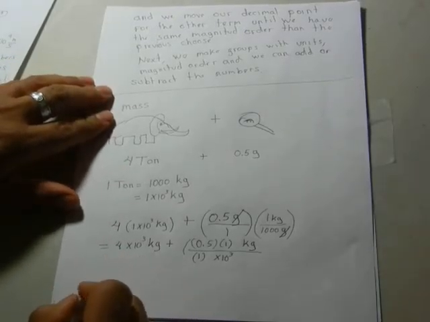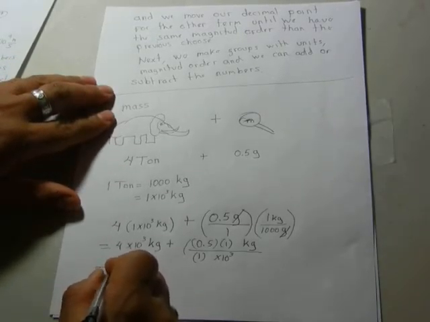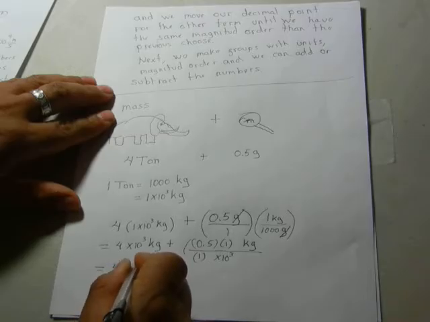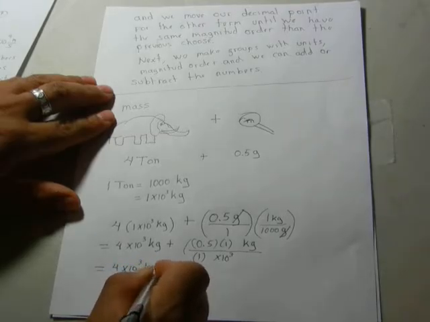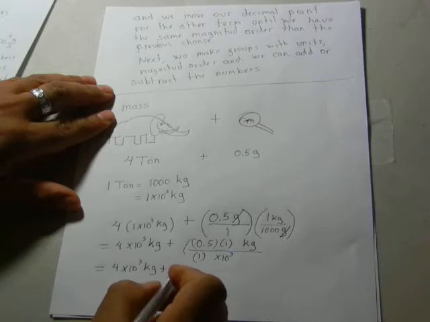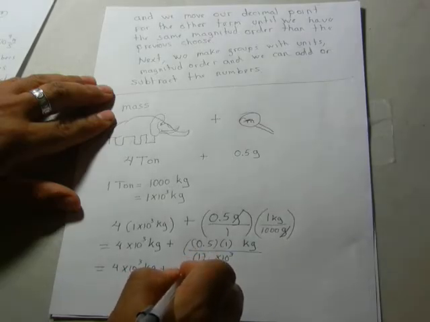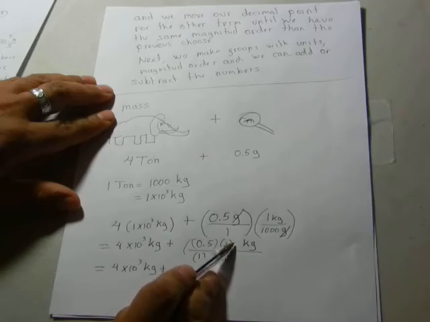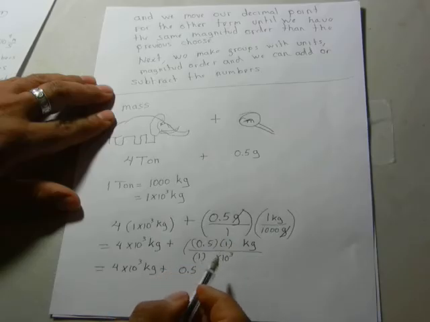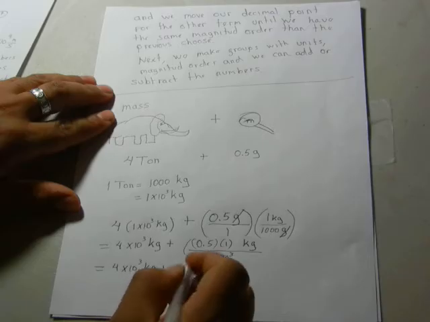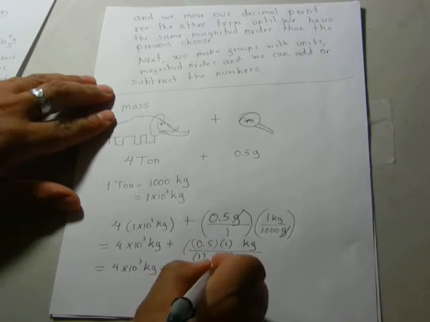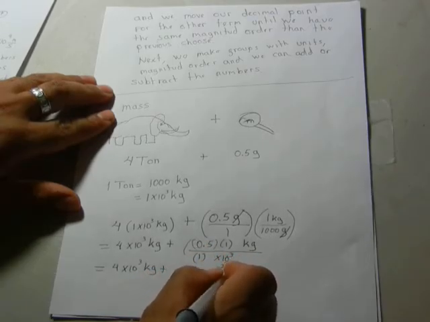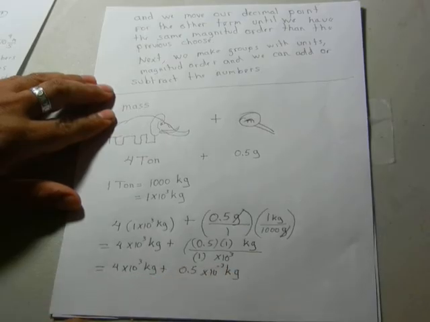Let's keep simplifying, and we have 4 times 10 to the 3 kilograms, the 1s cancel, and I have 0.5. I don't have a power of 10 here, so it's times 10 to the 0 minus 3, times 10 to the minus 3 kilograms. Finally, we have the first unit.